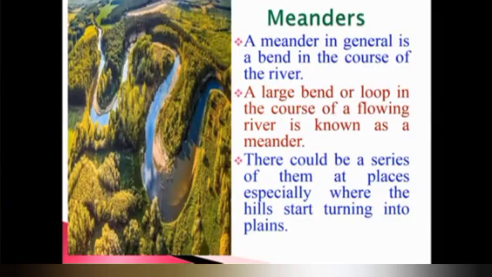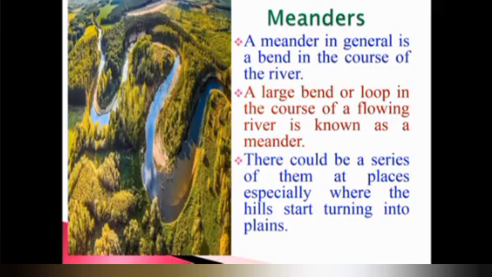A meander in general is a bend in the course of the river. In other words, a large bend or loop in the course of a flowing river is known as a meander. So what is meant by meander?